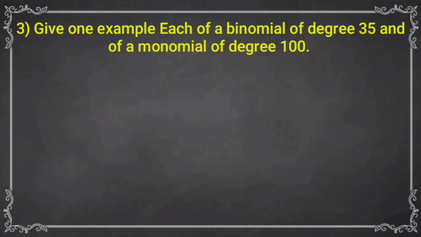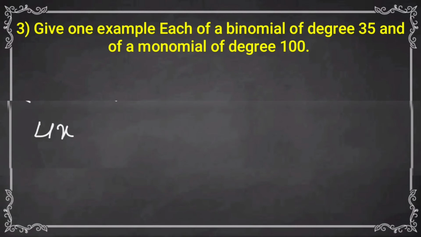Now, we write 4x to the power 35 minus 3. See here, this is a binomial, 2 terms are there, and the degree is 35.